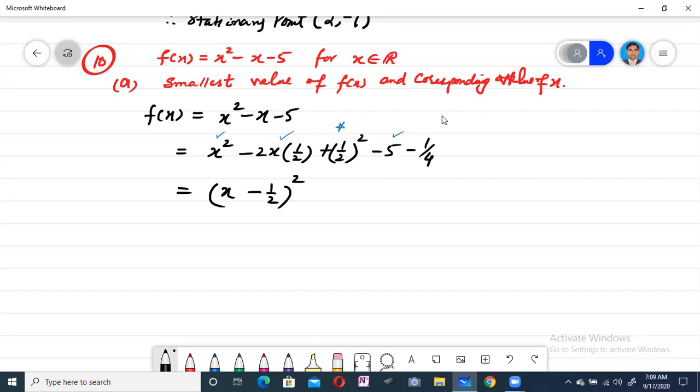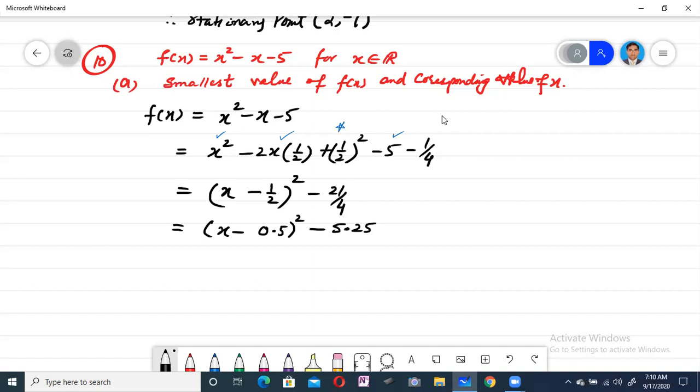Minus 5 into 4 minus 20 and 1 is minus 21 divided by 4. Then we can write this x minus 1 by 2 is 0.5 square minus 21 divided by 4 is 5.25.